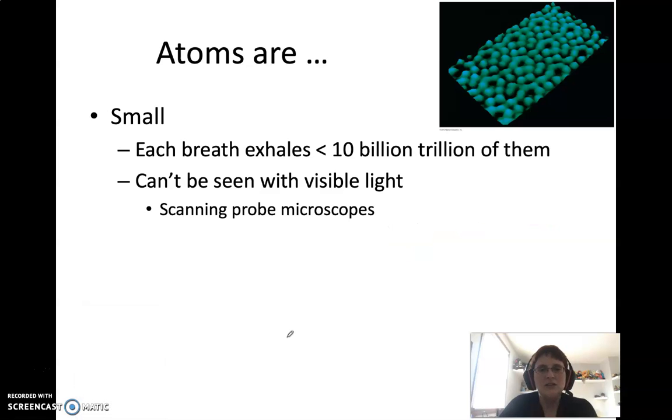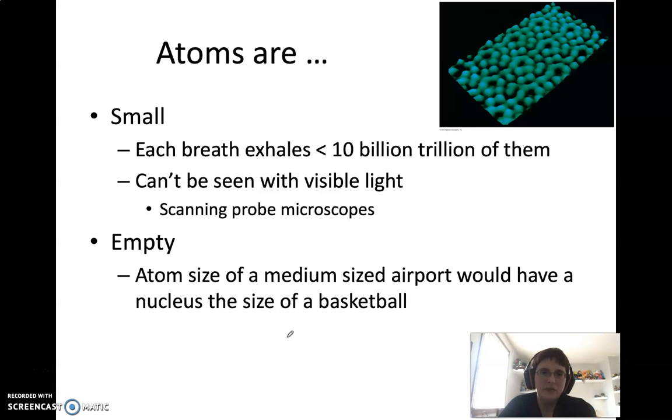All right, so the other thing, like we just saw with Rutherford's calculations, is that atoms are empty. To give you an idea of how empty, imagine an atom the size of a medium-sized airport. Medium-sized airport, that's Columbus Metro Airport, right? The John Glenn Airport in Columbus.